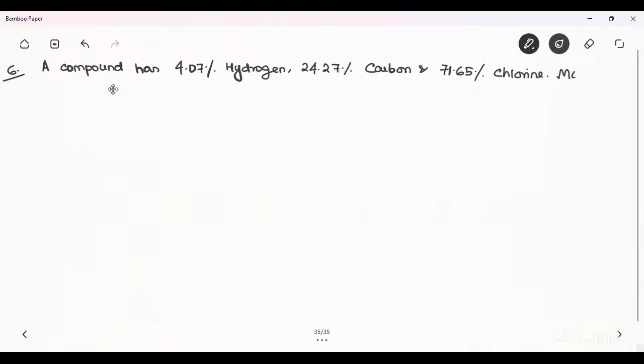Molar mass is 98.96 grams. Empirical formula.